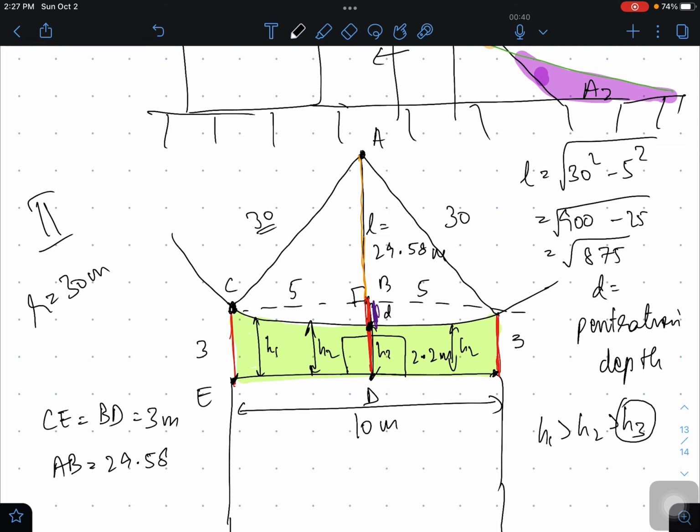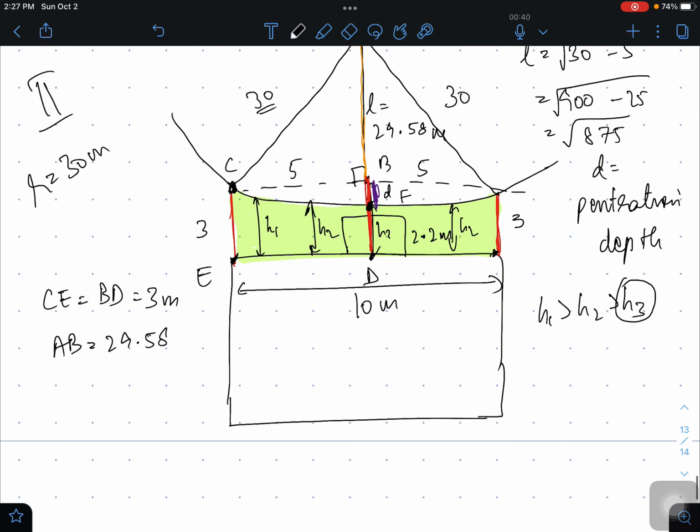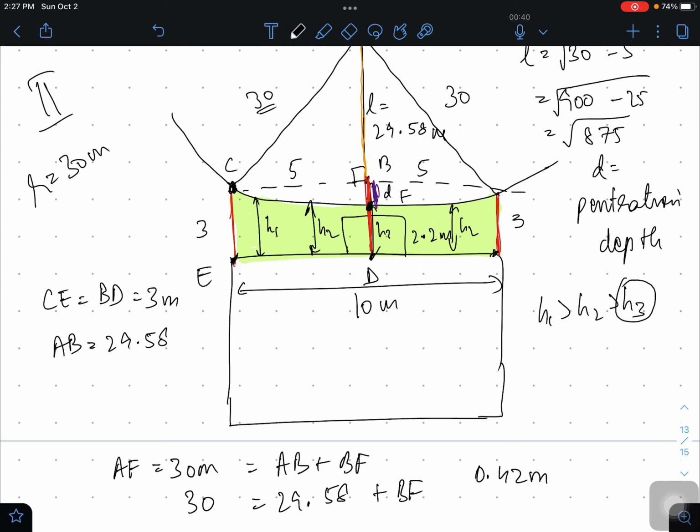Let this point be F. So we know that AF is 30 meters, and AF is nothing but AB plus BF, and AB we have got 29.58. So BF will be nothing but 30 minus 29.58, which is 0.42 meters. So your penetration depth is 0.42 meters.